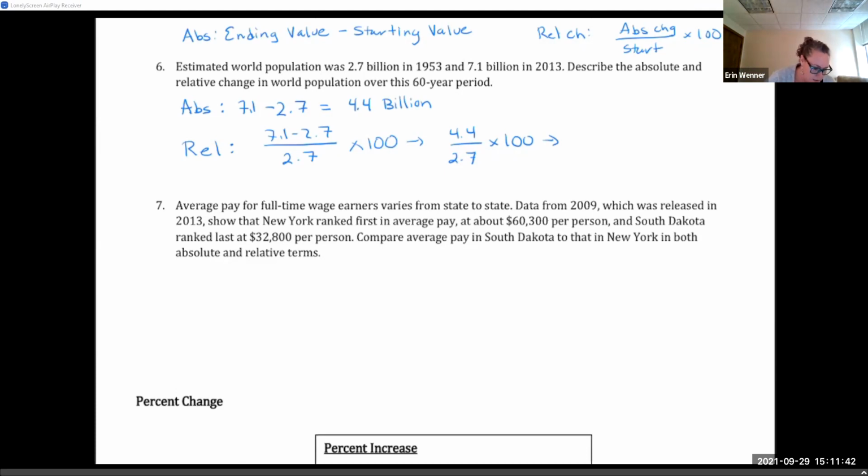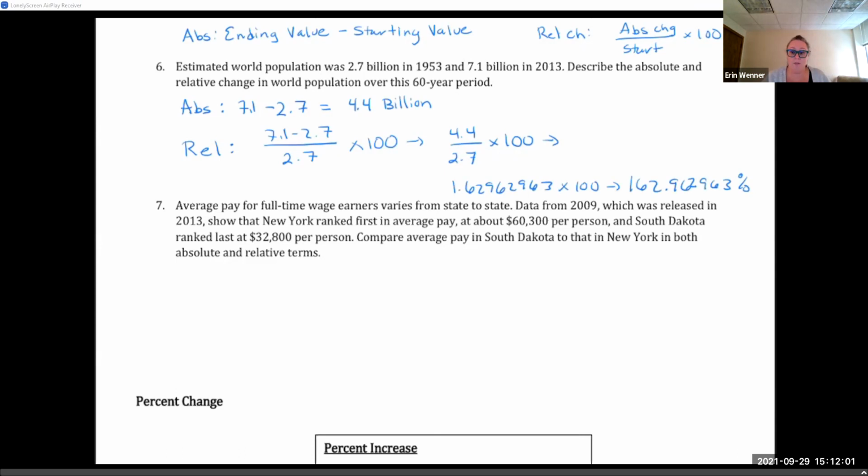Okay, so again, don't round until you get to that percent, because when I divide this as a fraction, we get 1.62962963. We're going to multiply by 100 and we get 162.962963%. Your homework will tell you how many places to round to.